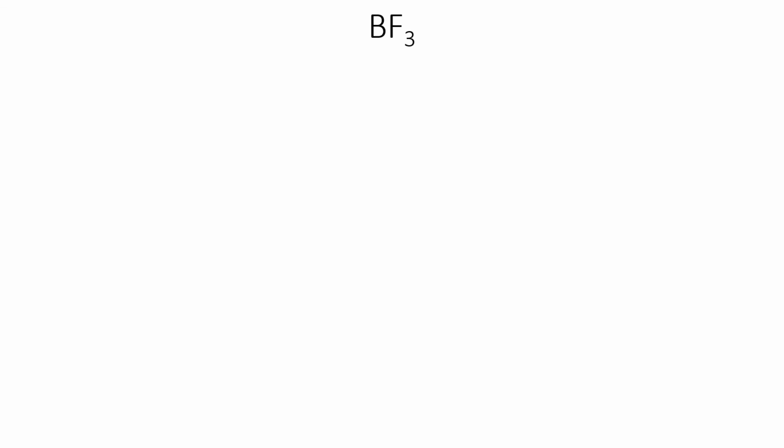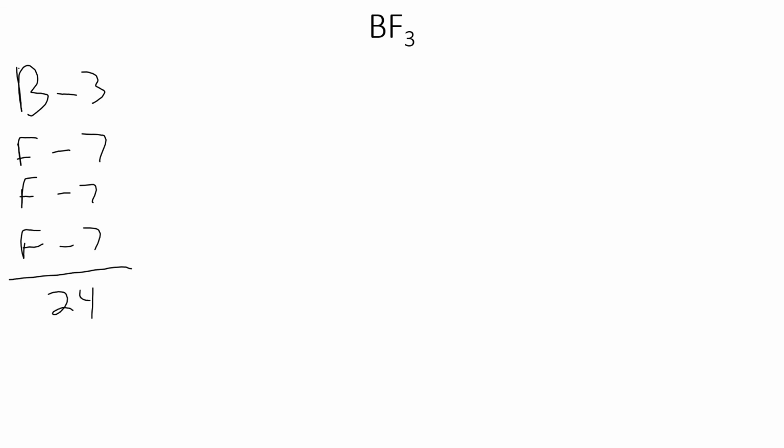So the next molecule we want to look at is BF3. When we think about BF3, we have 1 boron and 3 fluorines. Boron is in group 3A for 3 valence electrons, fluorines in group 7A, for a total of 24.